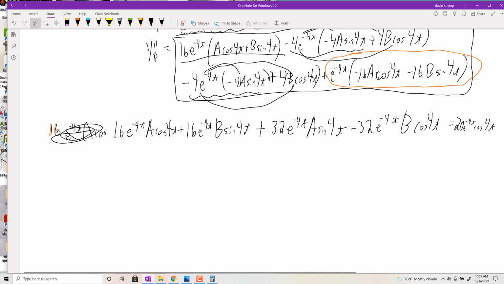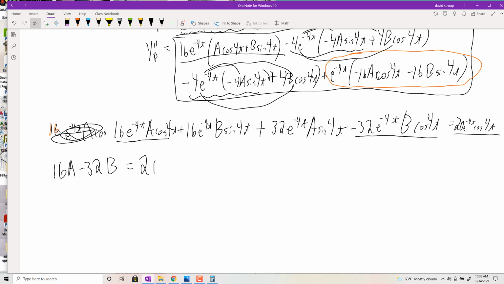Then let's see if there's anything we can combine together. So not really. All right, so I'll have then equating the cosine functions together. So there's one here, there's another one here, and that should equal the coefficient on that thing there. So you have 16a minus 32b equals 20.